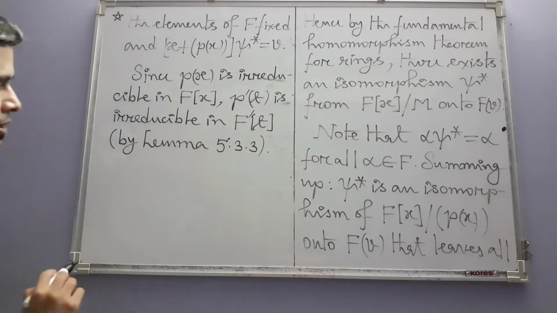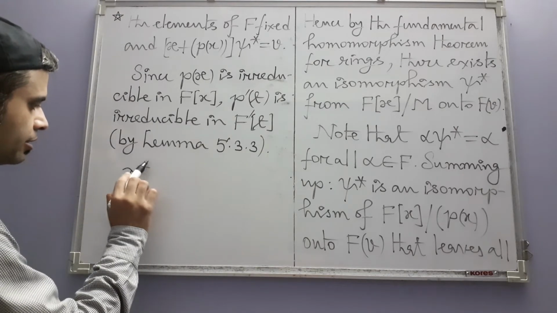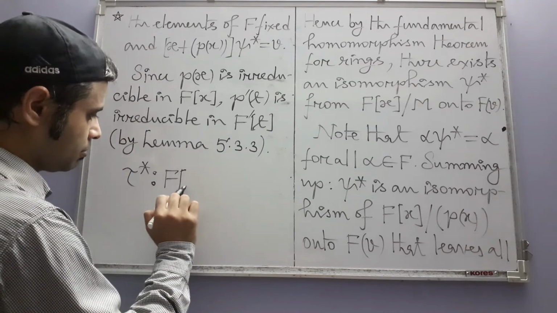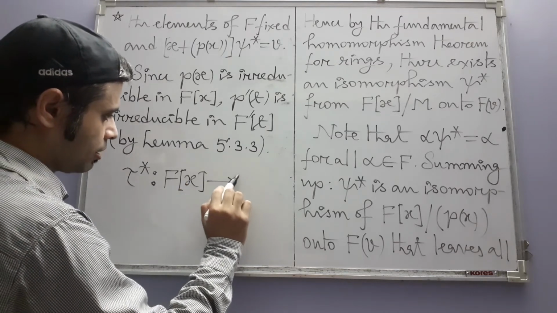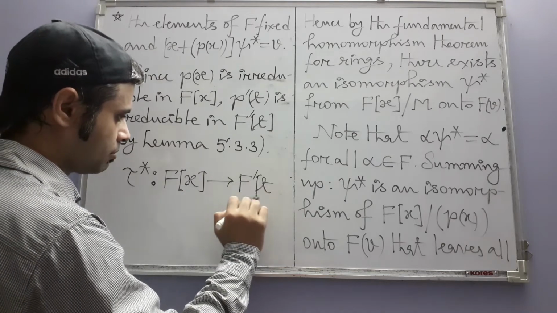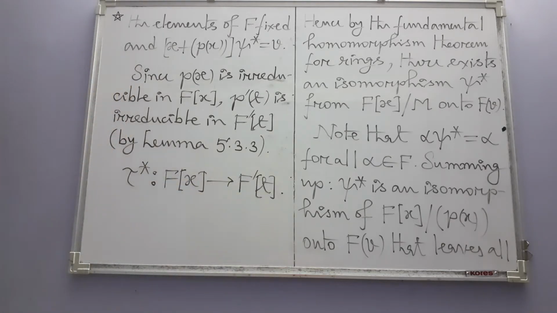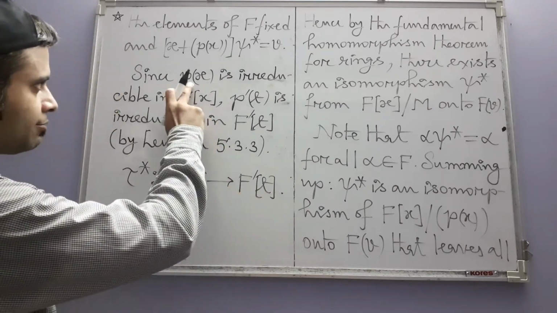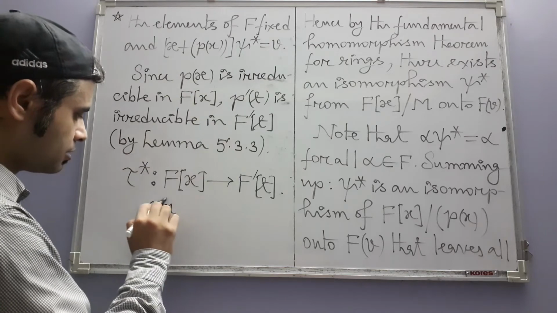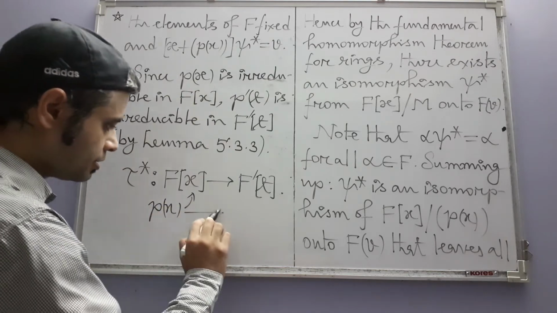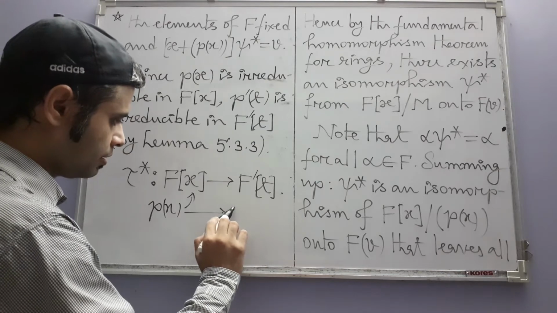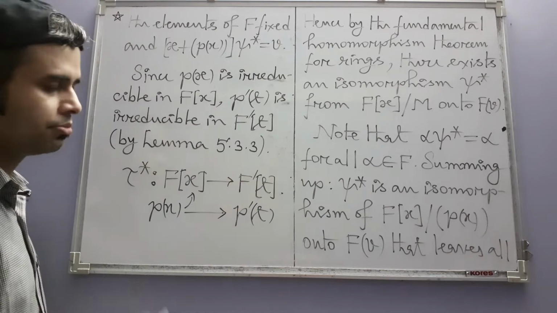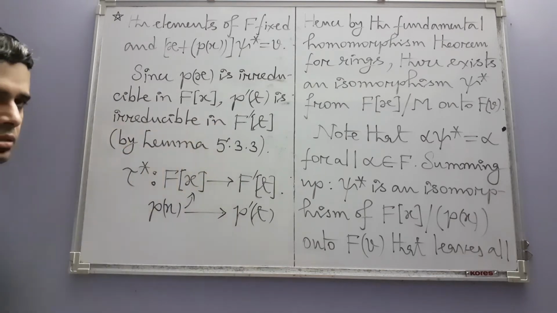Lemma 5.3.3 is that lemma which tells us that there is an isomorphism tau star between F[x] and F'[t], which is onto. That means these two are isomorphic polynomial rings. So if you have p(x) here which is irreducible, then its image under tau star, which is p'(t), also has to be irreducible in this polynomial ring. That's how we are getting this thing.